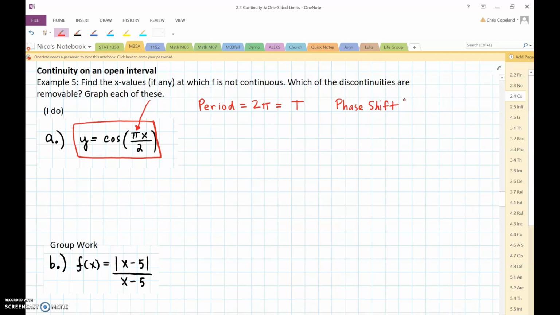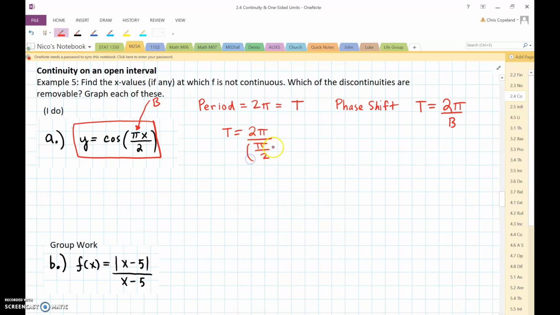And hopefully you learned this when you took trigonometry, but the period is equal to, for this one, 2 pi over b, where b is the number in front of x. So, the period for this function, we're going to do 2 pi over b, which is pi over 2.